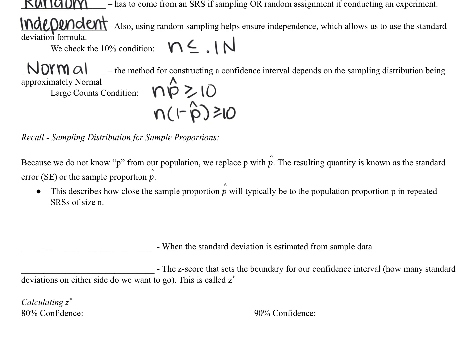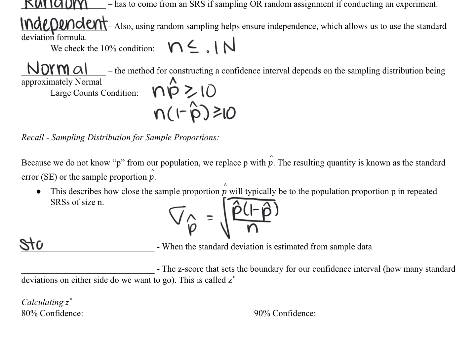This will help us describe how close the sample proportion P hat will typically be to the population proportion in repeated SRSs of size n. So our standard deviation formula for P hat is based off of P hat instead of P. We're going to have the square root of P hat times 1 minus P hat all over n.